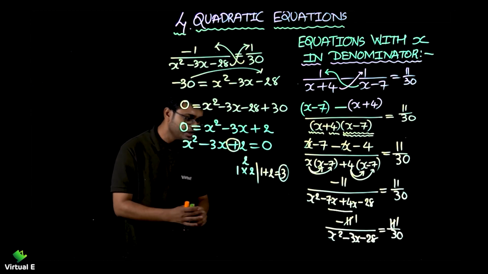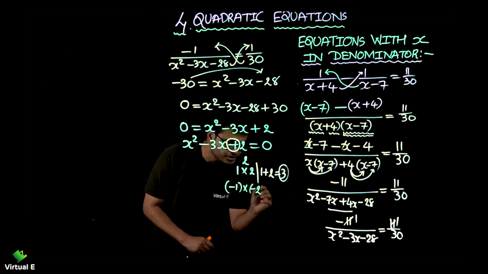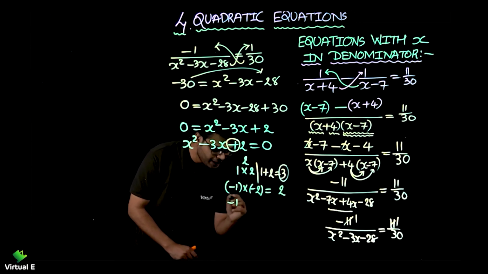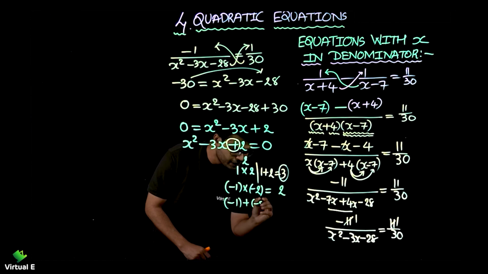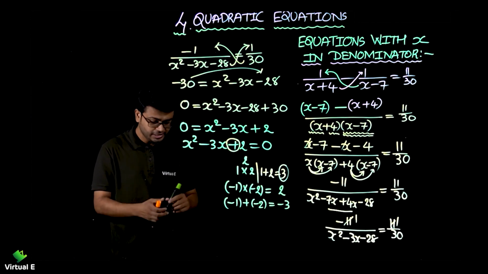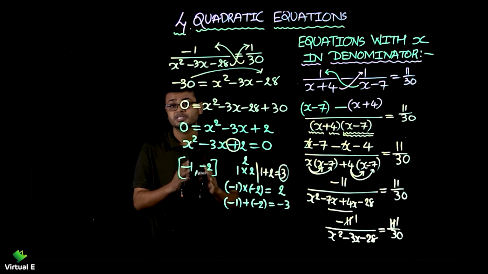So let's do modification with the sign. If I take minus 1 multiplied by minus 2, that will give me positive 2, and minus 1 plus minus 2 will give me minus 3. So what are my factors? It is minus 1, minus 2. This is my factor. Simple.